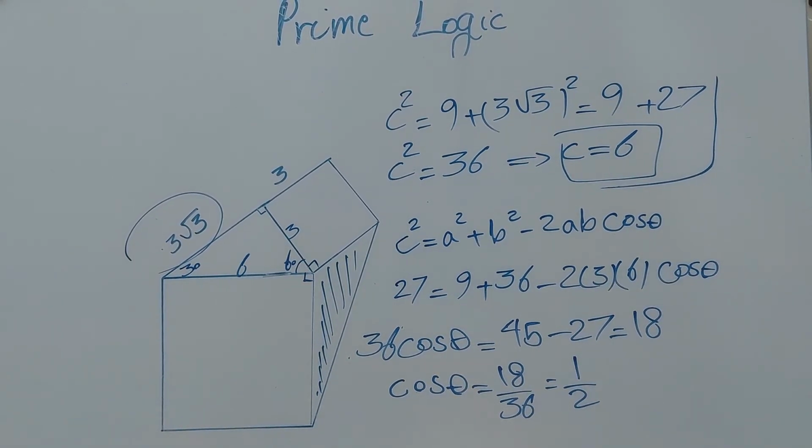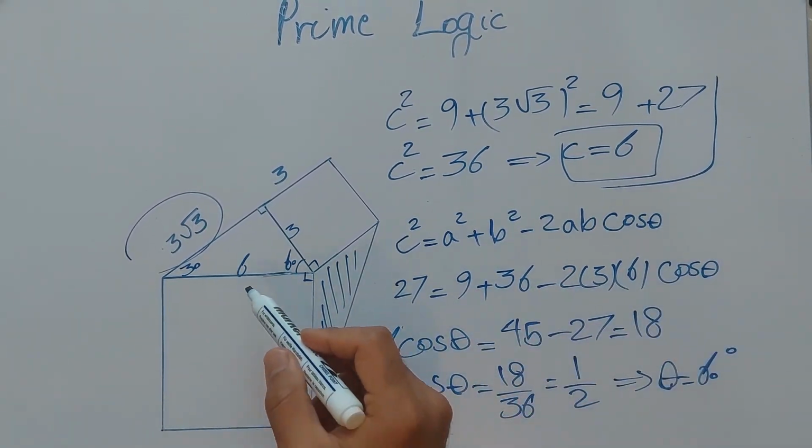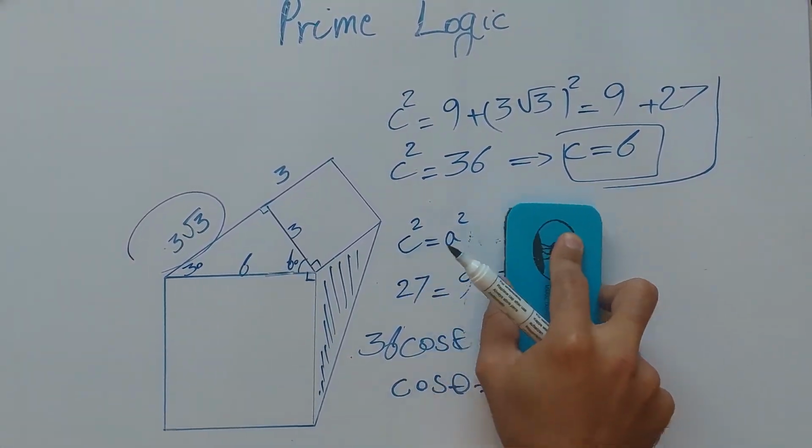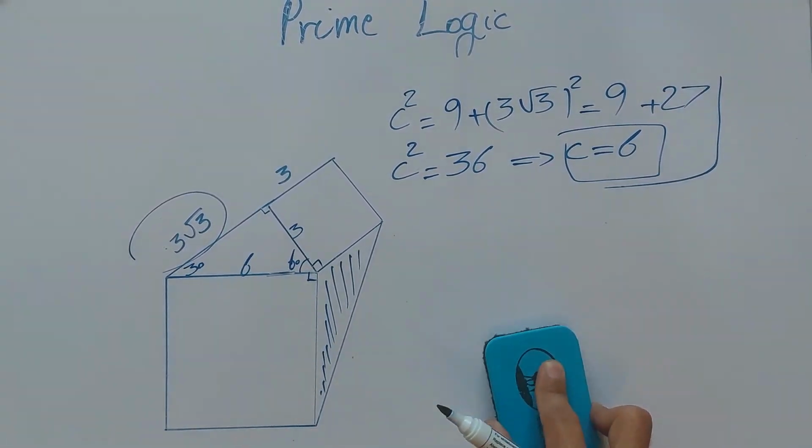So theta is the arc cosine of 1/2. Which angle has the cosine of 1/2? This is the same angle as we calculated in the previous step. We know that the cosine of 60 degrees is 1/2, so theta equals 60 degrees. So that was a general approach, but based on the previous part, it is 60 degrees. That's the law of cosines. You could calculate any angle between two sides of a triangle using it.